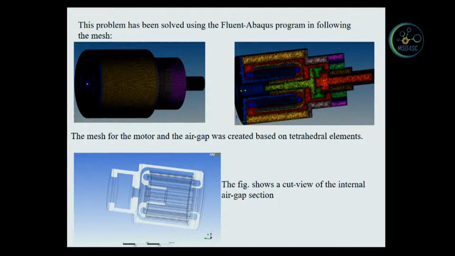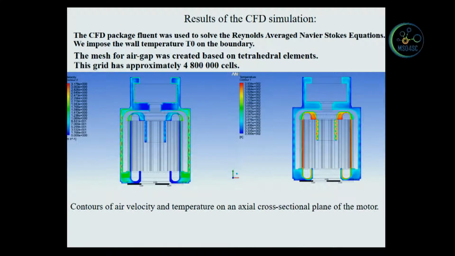I think the first will be the CFD computations. We use the Reynolds-averaged Navier-Stokes equations with a turbulence model, and we impose a temperature on the boundary of the winding and stator, and we use approximately 5 million cells.